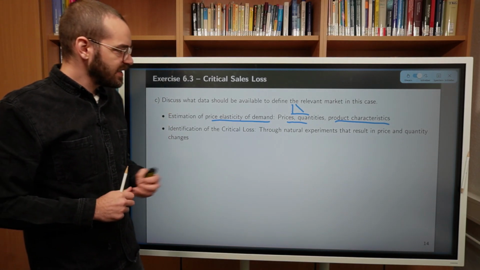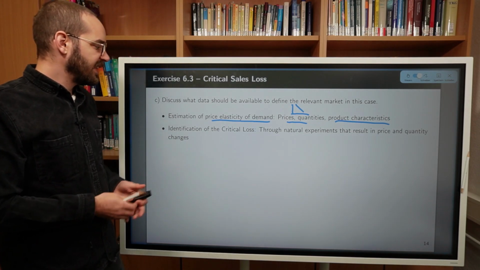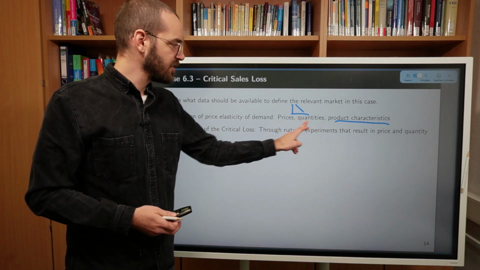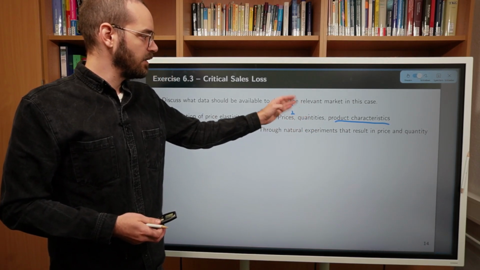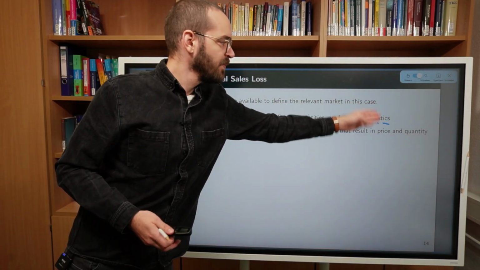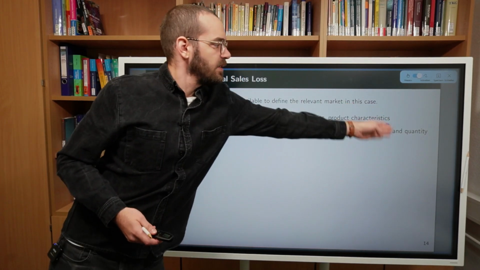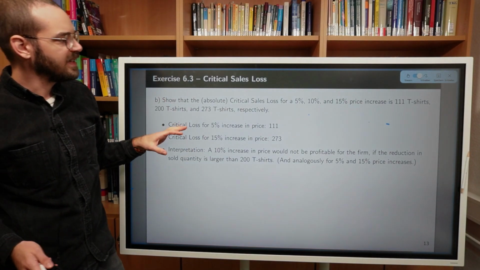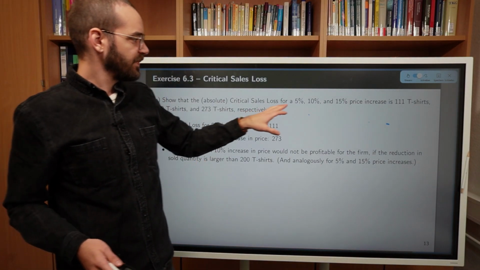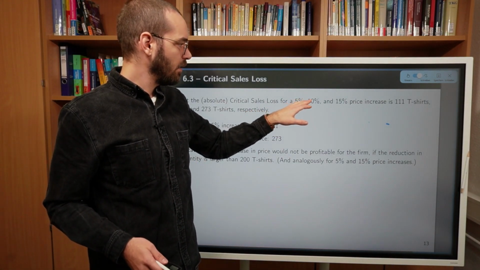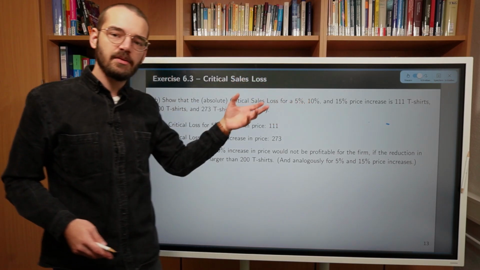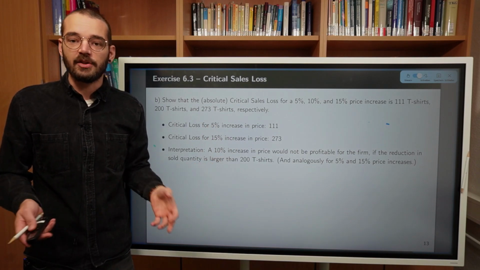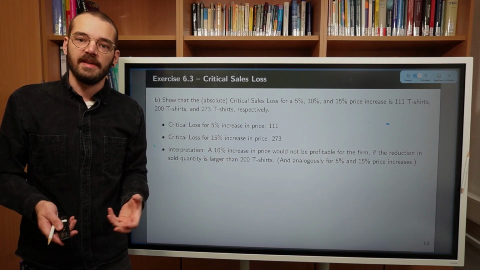For the case of the critical sales loss, well, that's of course a little bit easier because we are thinking in a discrete world, so we don't need to estimate the demand function. But still, as you have seen in the previous exercise, we need to know some combinations of price increases and the quantities sold for each of these increases.